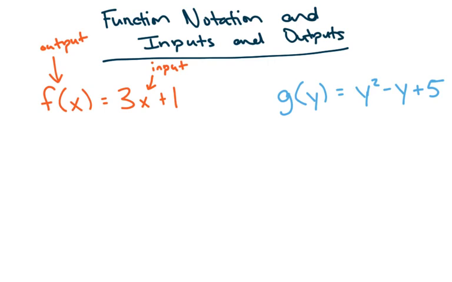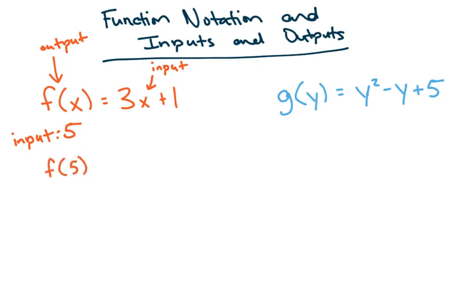And so just going to take a quick look at what that would look like if you're given inputs and asked to calculate outputs or vice versa. So looking at my example here in red, f of x is equal to 3x plus 1. And let's say you're given an input of 5, and you want to find out what your f of x would be. This is what that would look like. You're basically going to substitute that input of 5 in everywhere there's an x.